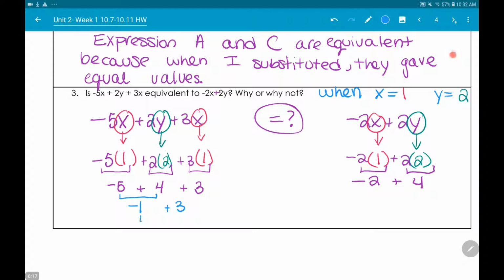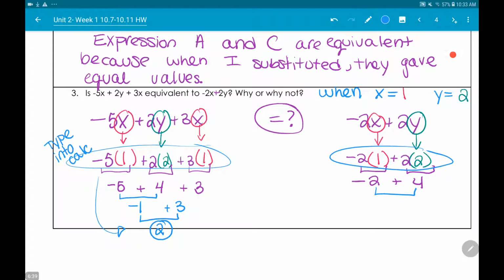Bring down the 3. Negative 1 plus 3 is 2. You also could have just typed this right away into calc. And you should also get, I'm sorry, positive 2.